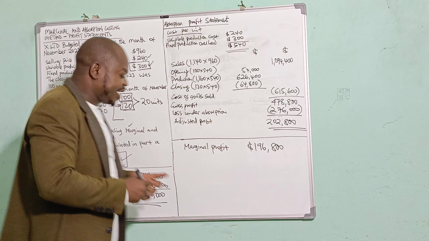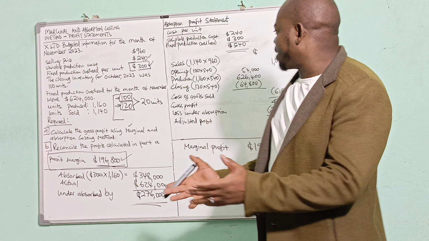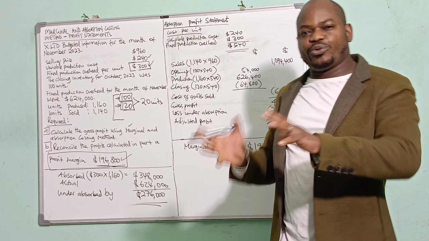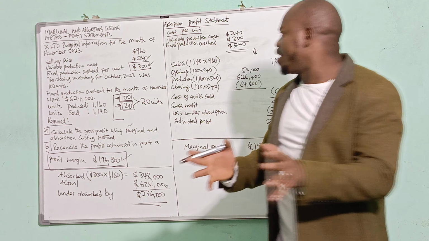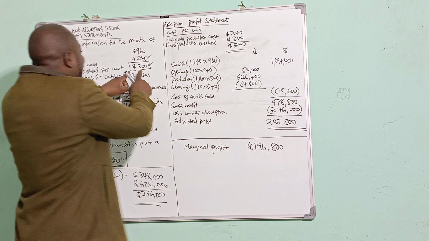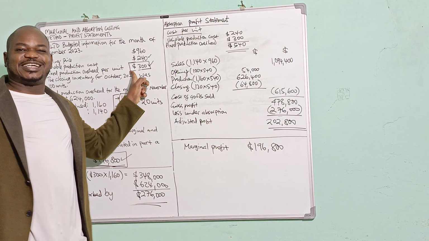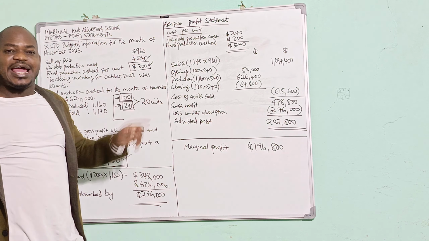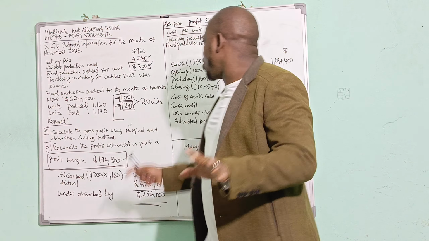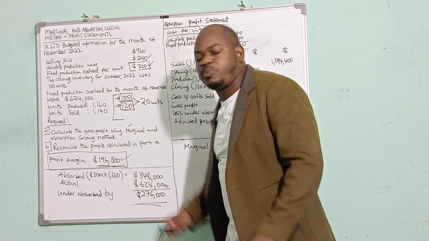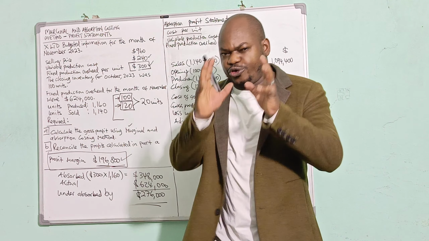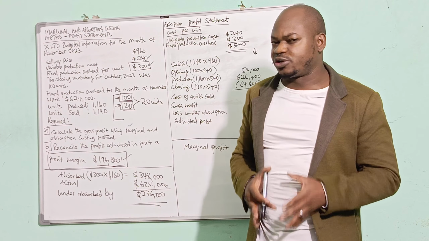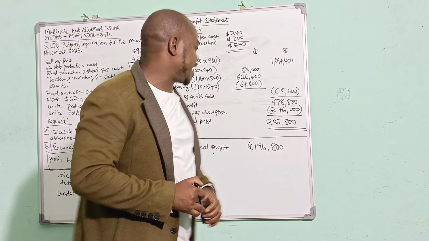So in other words, we received less units and we transferred more units. So meaning we received less components of the fixed production cost from the previous period, and we transferred more units which are the 300 component into the other period, reducing the cost of goods sold for this particular period. I hope that is clear.